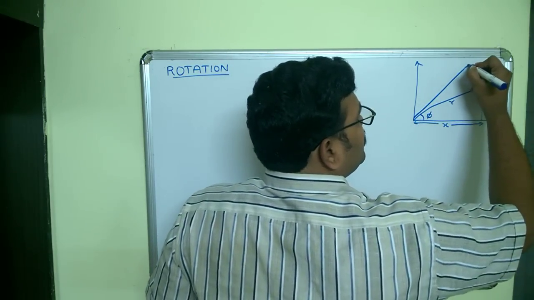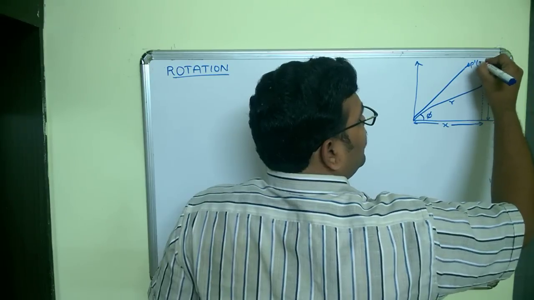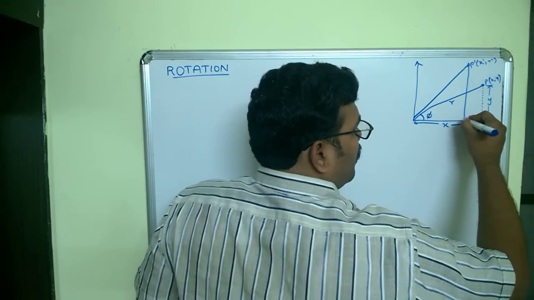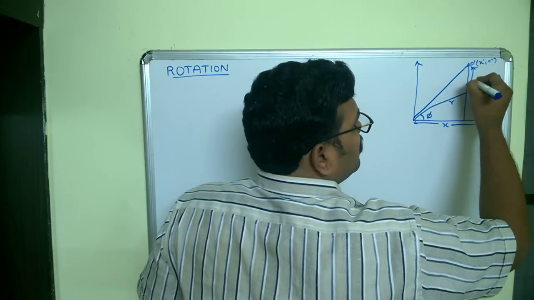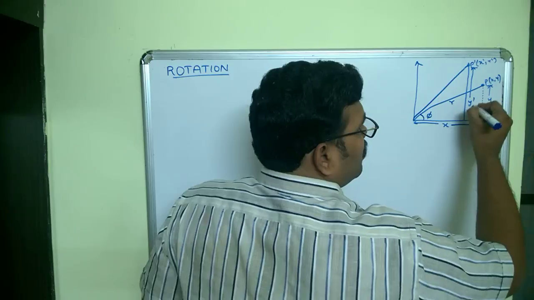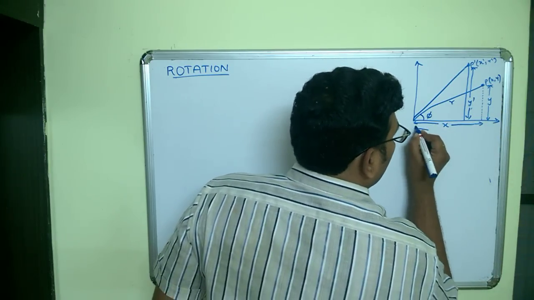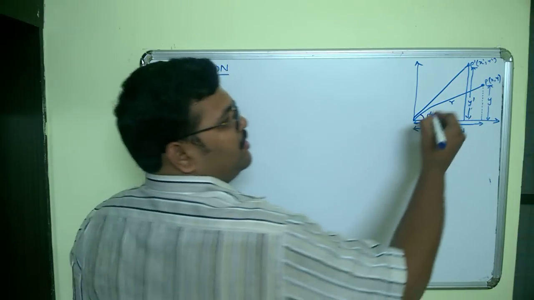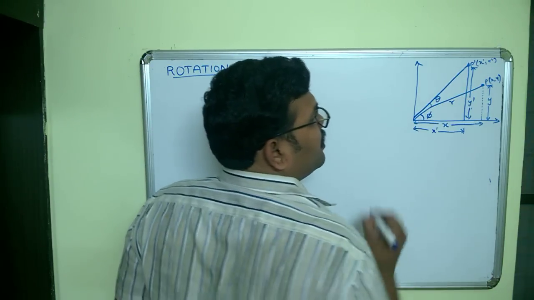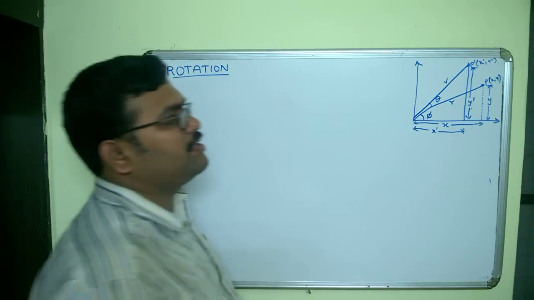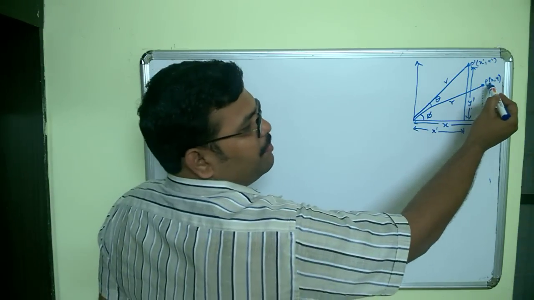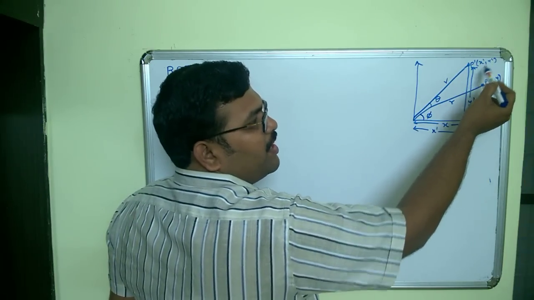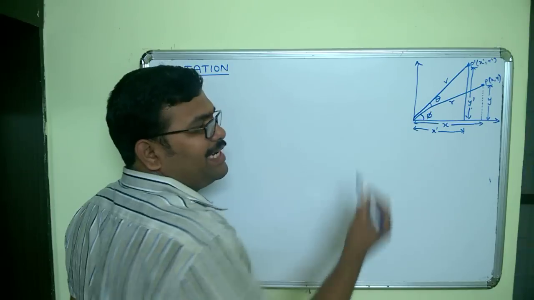Let this be P dash (x dash, y dash), with y dash and x dash as its coordinates, at an angle theta, and here the radius is r. So this is P (x, y) before rotating, and this is P dash (x dash, y dash) after rotating by theta.